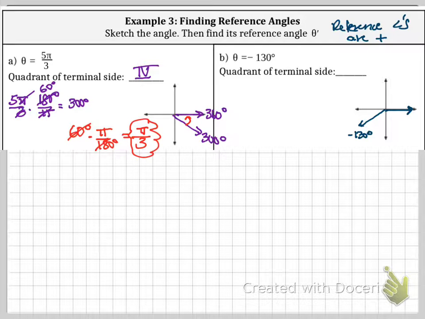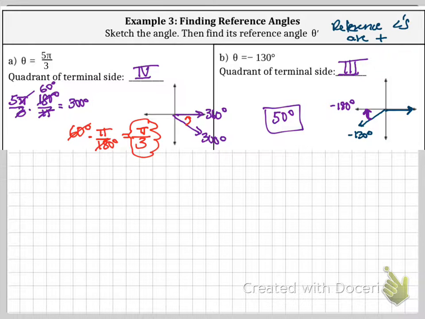Again, we're looking at how far it is from the x-axis. The closest x-axis here is at negative 180 degrees. We know that this is quadrant 3. So we want to go from 130 to 180. That distance is a positive 50 degrees. We just want to know the difference. So that's 50 degrees, and that is the reference angle we're looking at.